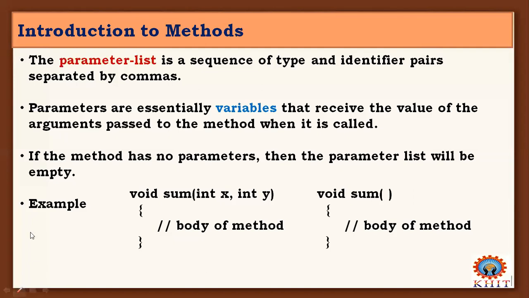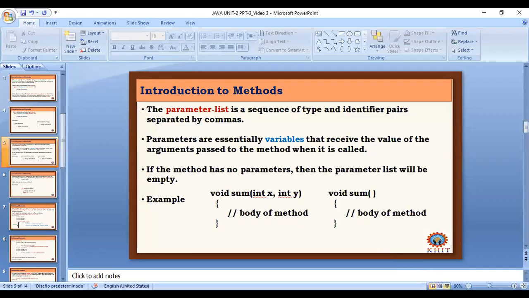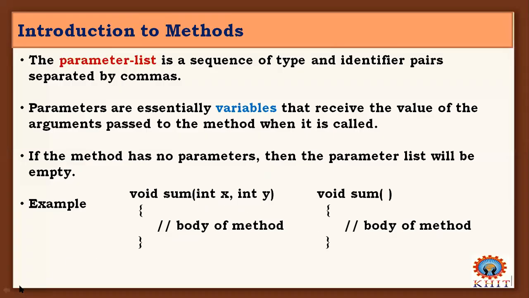Okay, now coming to the parameter list. A parameter list is a sequence of type and identifier pairs separated by commas. For example, if you observe here, this is the parameter list of the sum method.